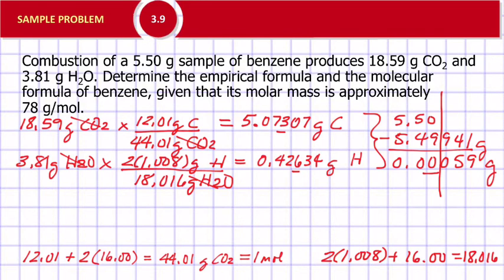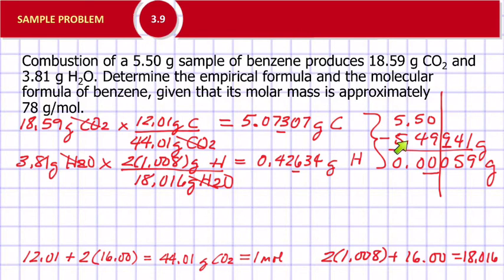No, it can't be a negative number. Definitely not. This would be a positive number. But here is where it's important to think about significant figures. Because there's uncertainty in this number, 5.50. The 0 is an estimation. And then we did this calculation, and we ended up with this having uncertainty over here.